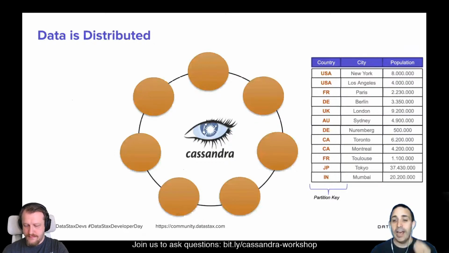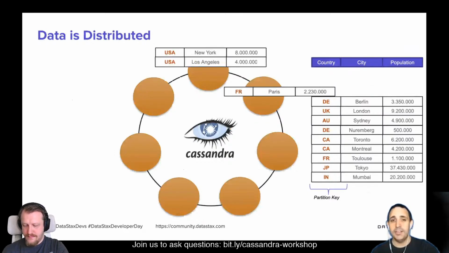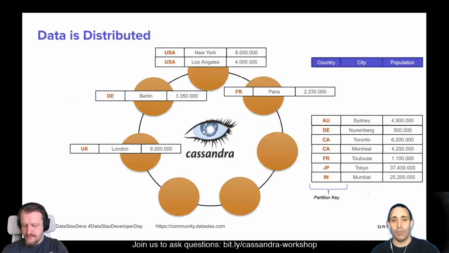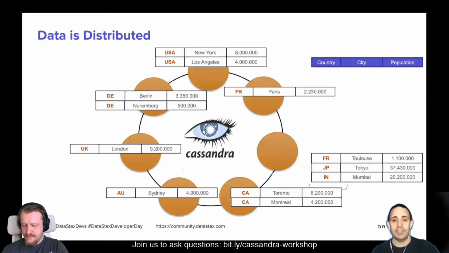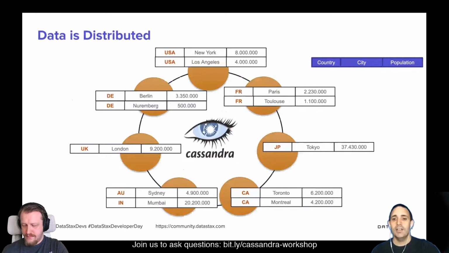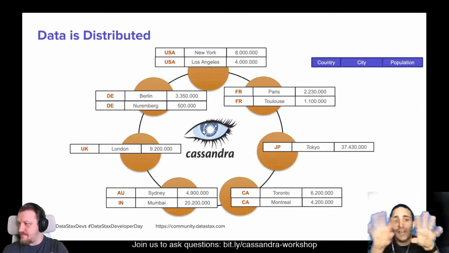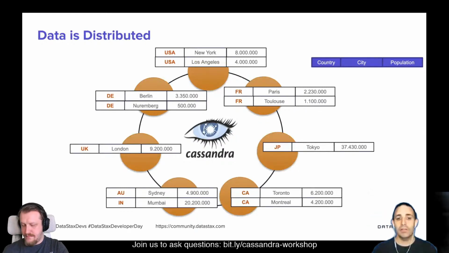And your data are distributed based on the values of the partition key. So what I want you to realize on this slide is that even with very small tables, 20 records, you can see that they are distributed around the cluster, around the ring.